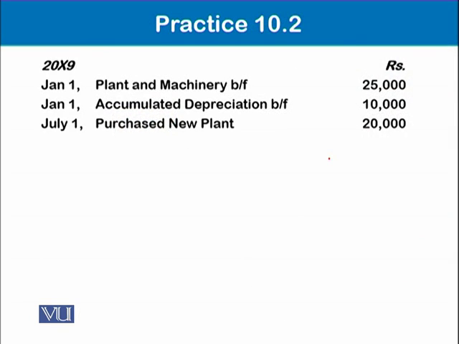The question tells us that in 2009, we had an opening balance of plant and machinery, which is our fixed asset. We had an opening balance of accumulated depreciation of 10,000 with us. In the middle of this year, on July 1, we are purchasing one more plant.